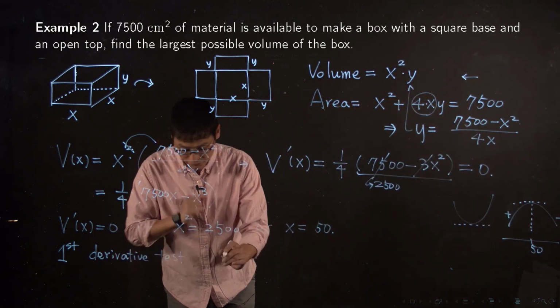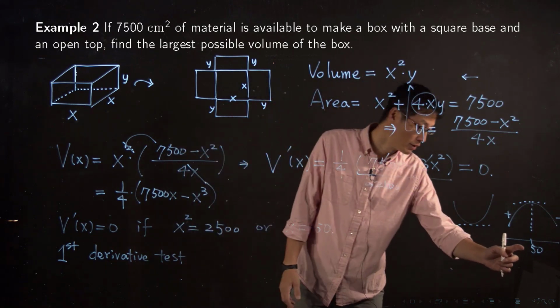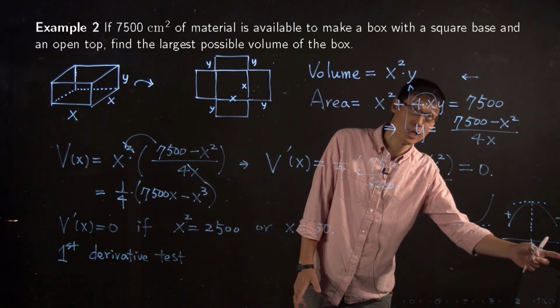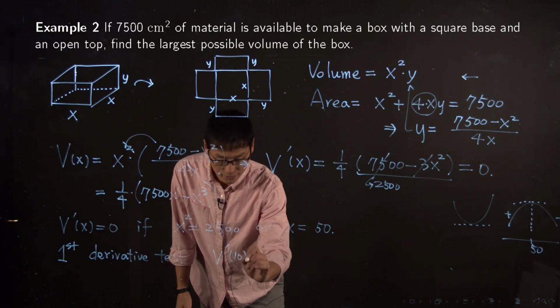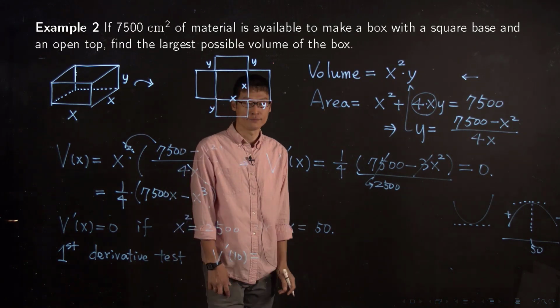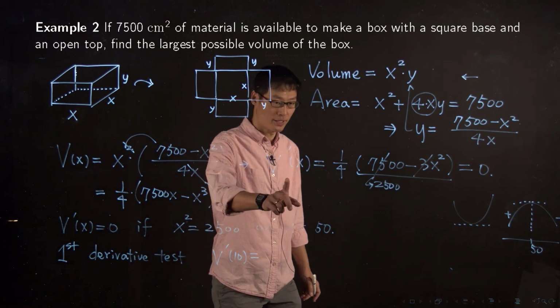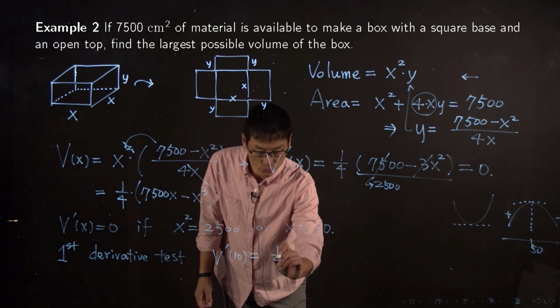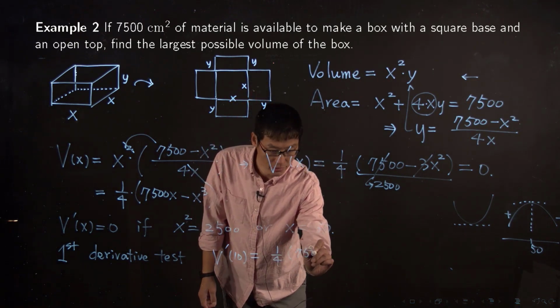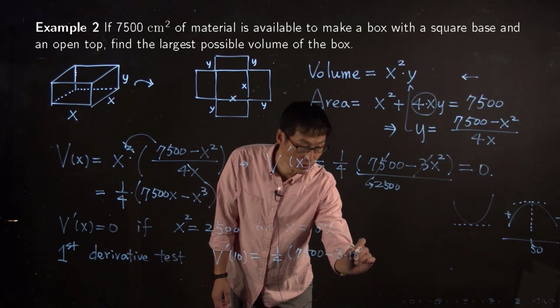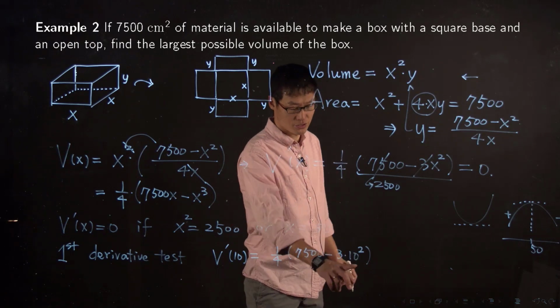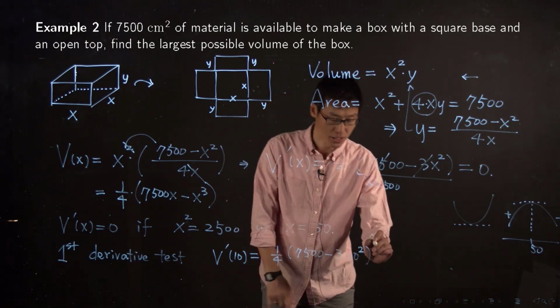For the first derivative test, we choose any number less than 50 and one larger than 50. So v prime of 10: you plug that in, so we have 1/4 times 7,500 minus 3 times 10 squared. Of course, this is just 300. Definitely this is positive.